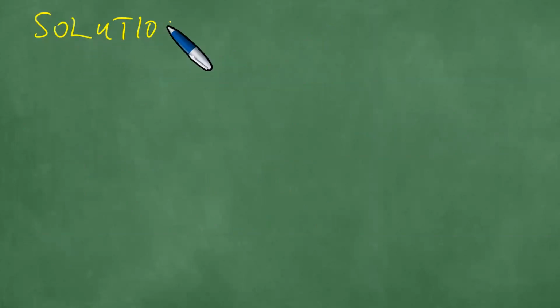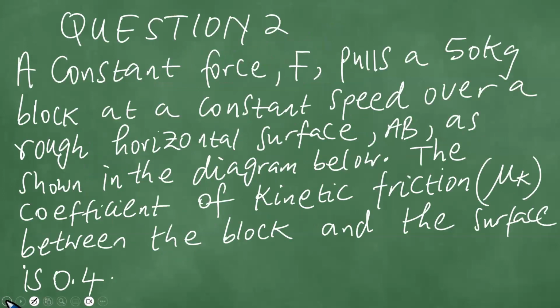Or sort of solutions. And we are looking at the first part. Right, a constant force F, you can underline this. A constant force F pulls a 50 kg block at a constant speed over a rough horizontal surface AB as shown in the diagram below. Okay, we saw that, but now it is at a constant speed.